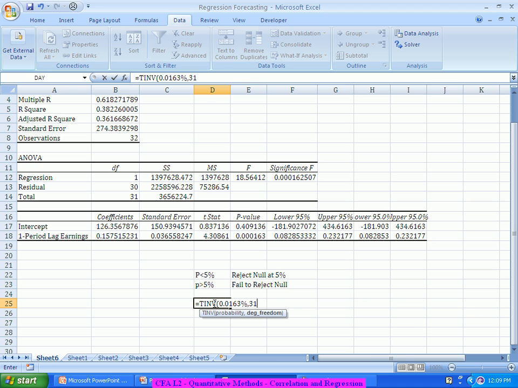At 31 degrees of freedom, if you see, our table value is 4.28.